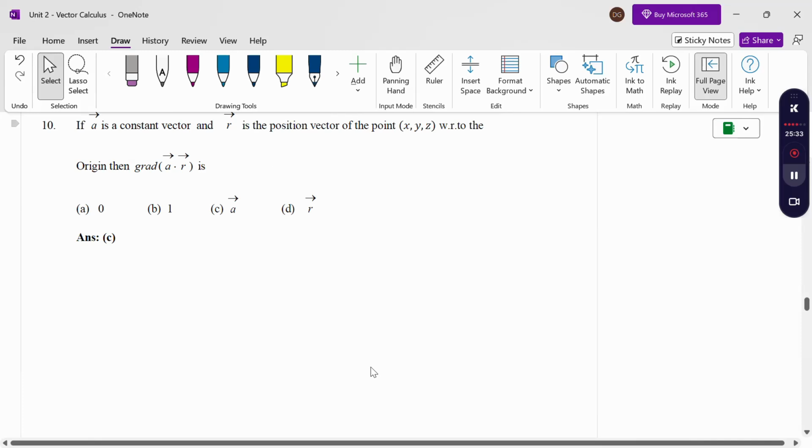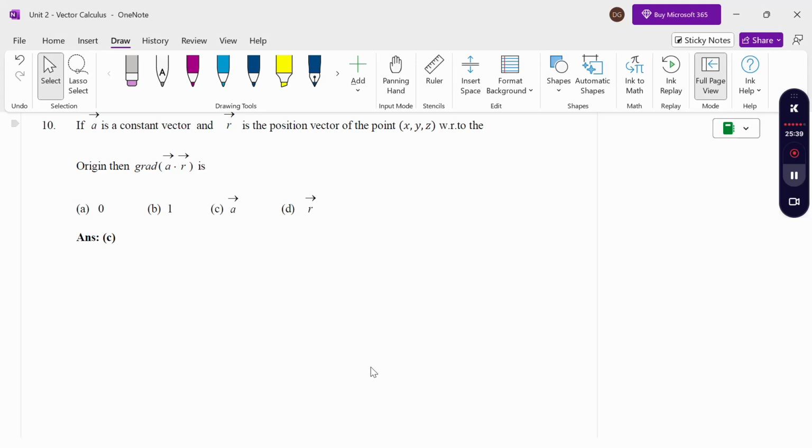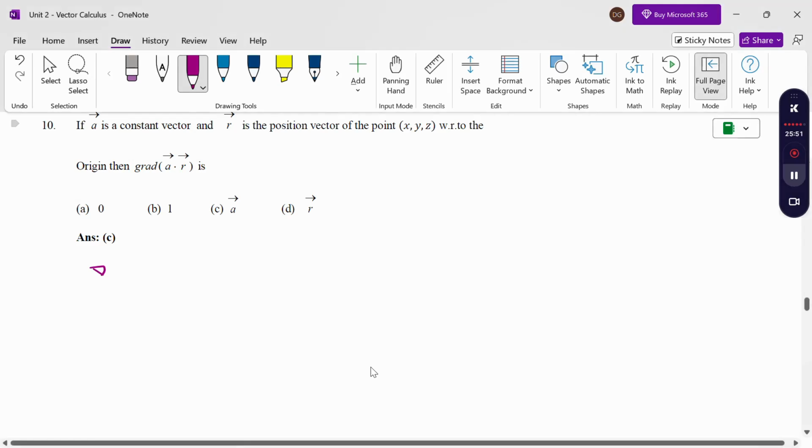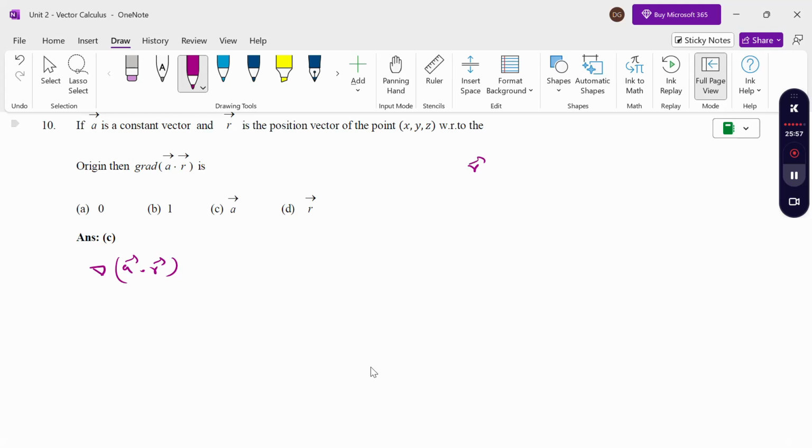And next, a vector is a constant vector and r vector is the position vector of the point x, y, z with respect to the origin. Now the question is gradient of a vector dot r vector. So what does it mean? This gradient means del of a vector dot r vector. To calculate, r vector is x i vector, y j vector, z k vector.